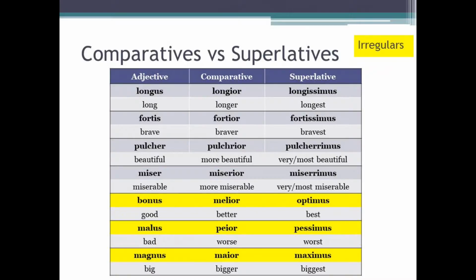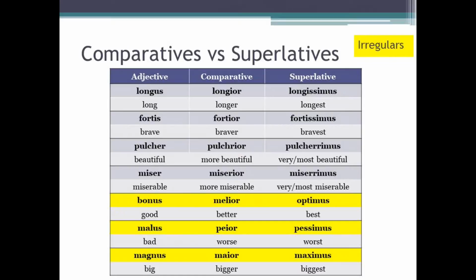Now let's have a look at some common examples, and this will also be good revision to spot the differences between comparatives and superlatives. So in the left column, I've got the normal adjective, in the middle column there's the comparative form, and in the right column is the superlative form. So longus is the normal adjective for long, longior is longer, and longissimus is longest.